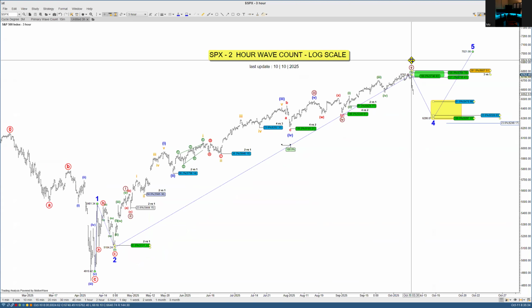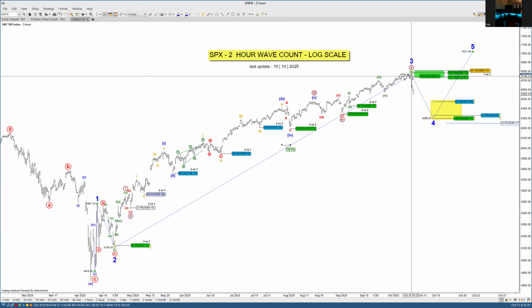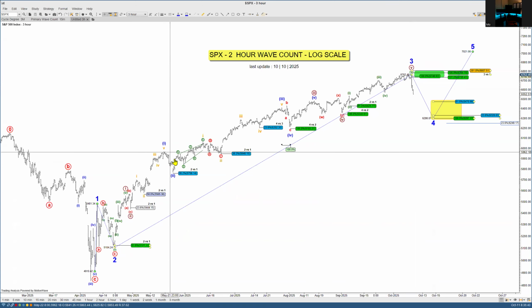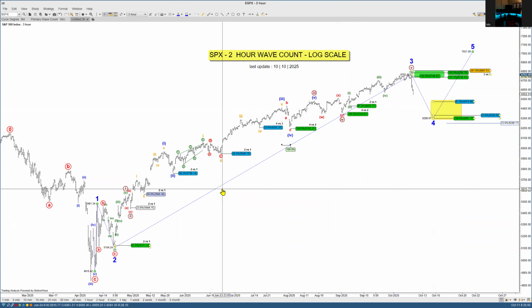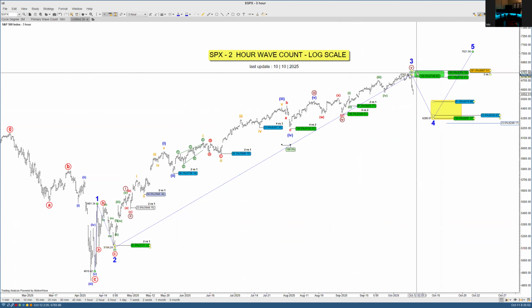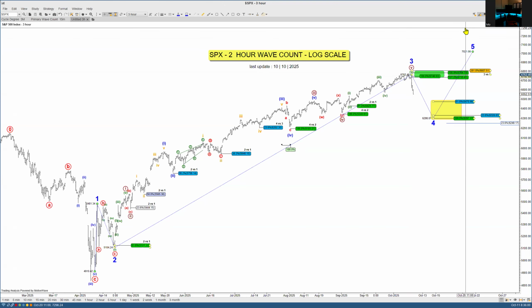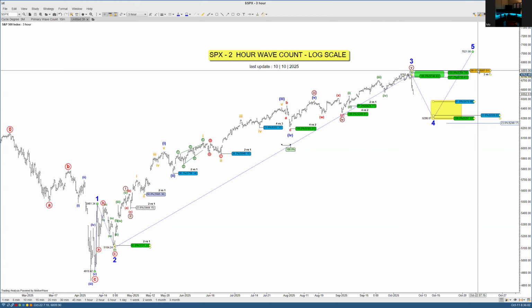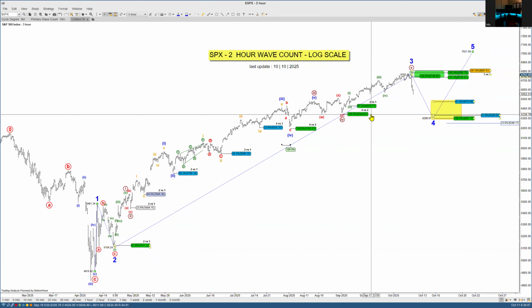If the third wave is in, and I think it is, unless I change this wave count and open more upside, which I can do. But the only way I would comfortably do it is if we start to make more room to the upside above this 3 versus 1 off this 1-2 count.